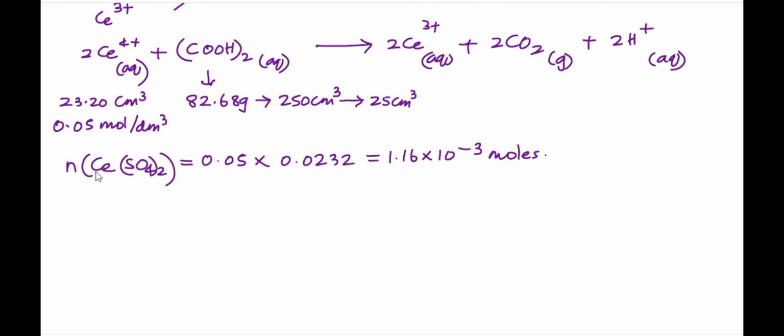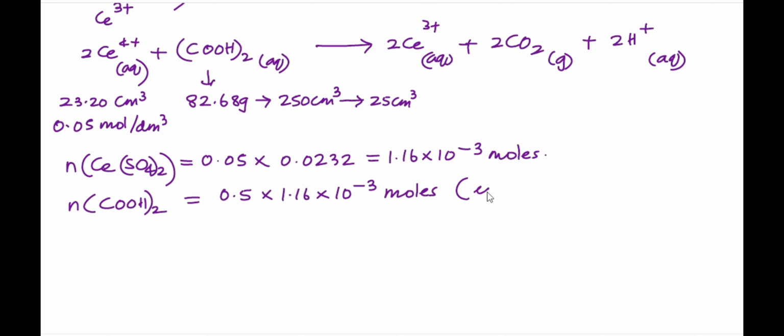Okay, so as per this equation of the reaction, every 2 moles of cerium 4 positive will react with 1 mole of (COOH)2, which means the number of moles of (COOH)2 will be equal to half of this, 0.5 times 1.16 times 10 to the power of minus 3 moles. Okay, so this is in 25 cubic centimeters.